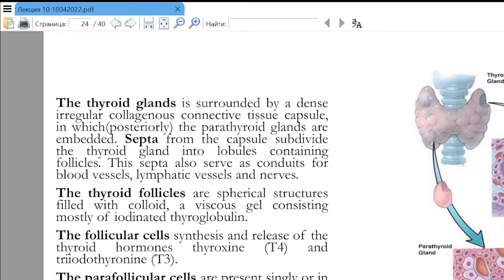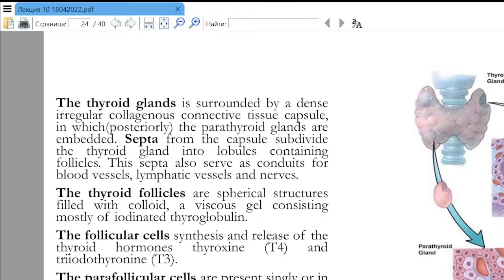Septa from the capsule subdivide the thyroid gland into lobules containing follicles. These septa also serve as conduits for blood vessels, lymphatic vessels, and nerves.